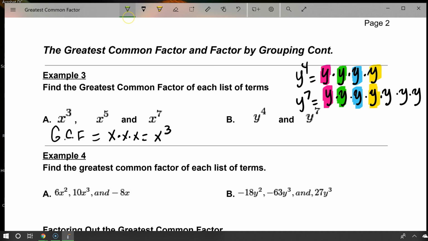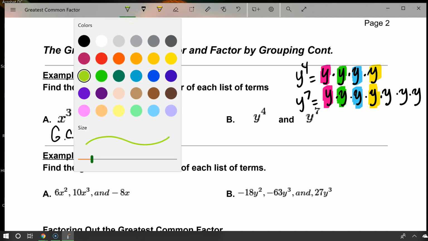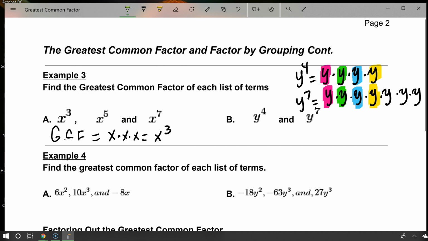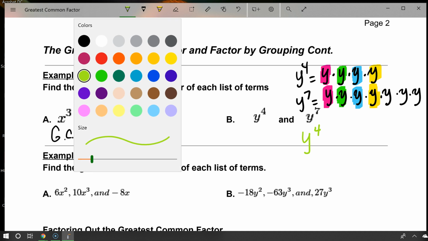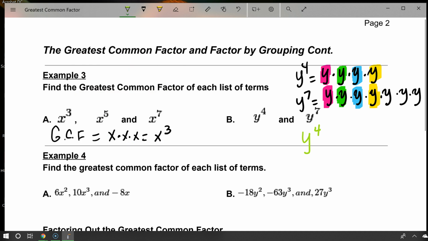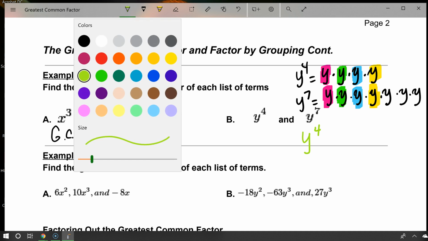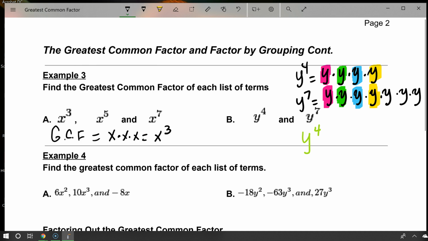So what will be the greatest common factor? The greatest common factor will be y to the fourth power. That will be the greatest common factor.